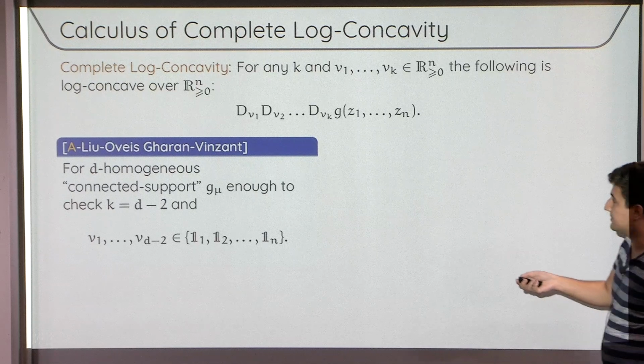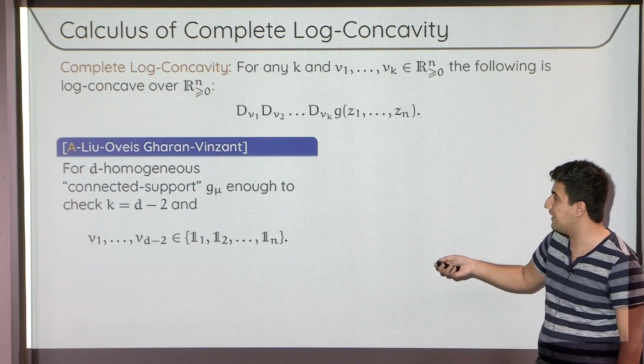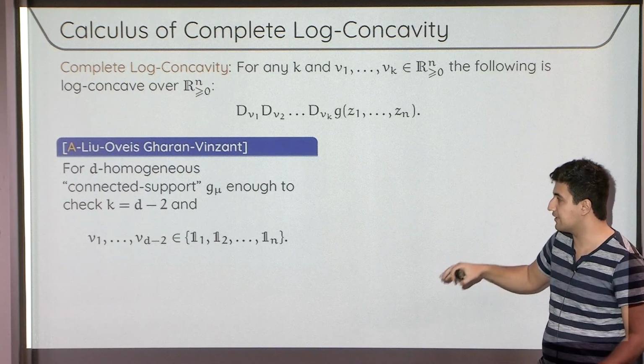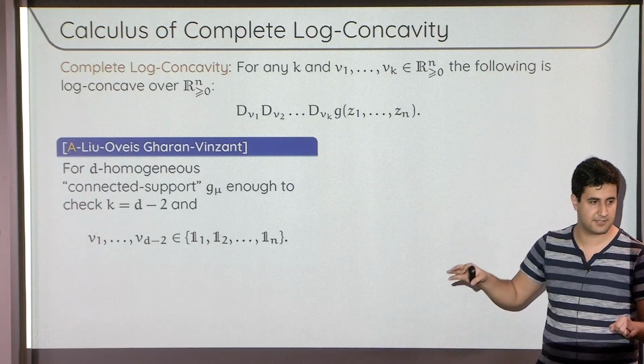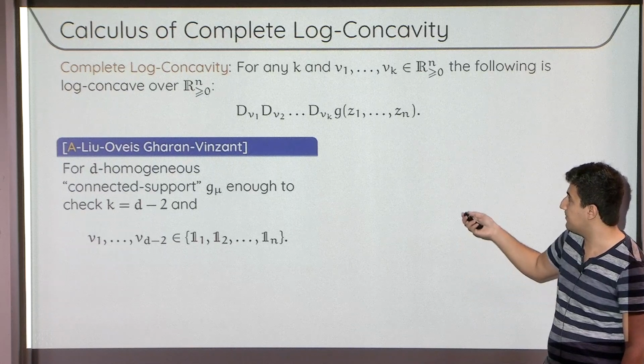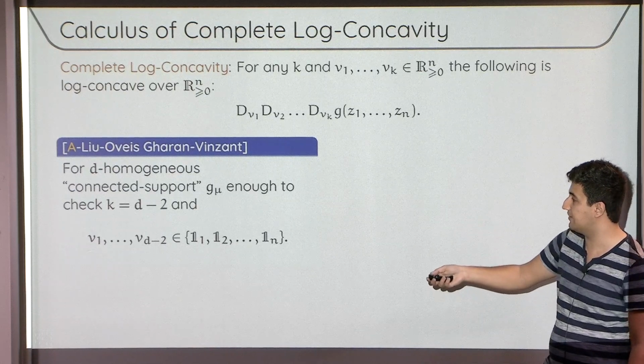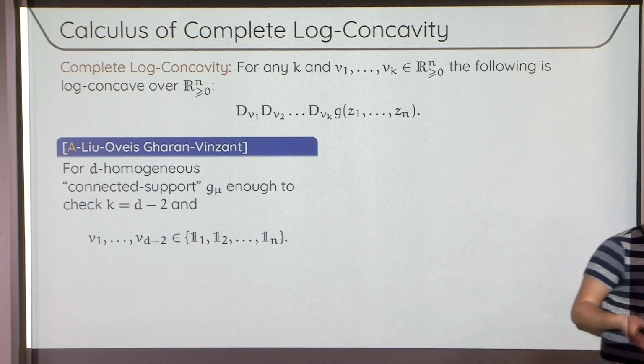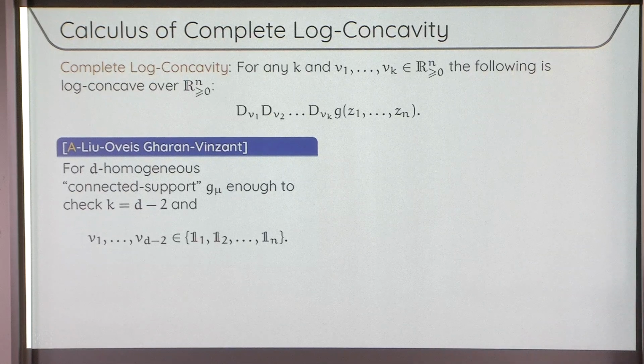This is a statement that we showed: if you have a polynomial that satisfies some non-degeneracy assumptions, which I'll mention, it's enough to only check this property when the number of derivatives you're taking is the degree of your polynomial minus 2. So the end result is a degree 2 polynomial, and the directions are along the standard basis, so you're taking real partial derivatives.